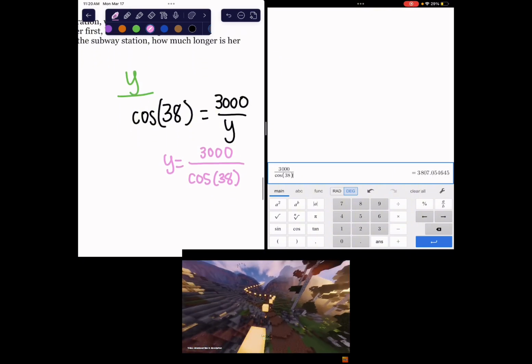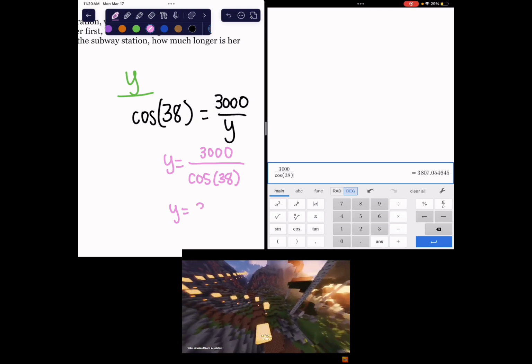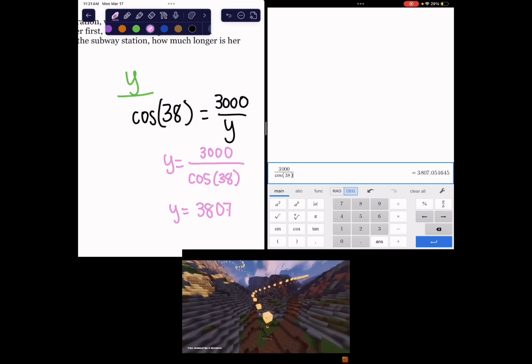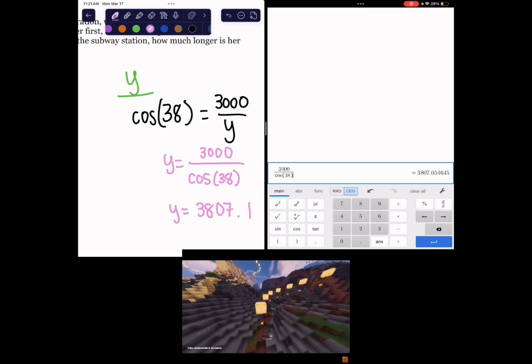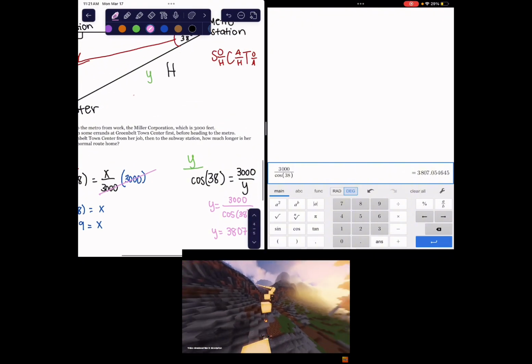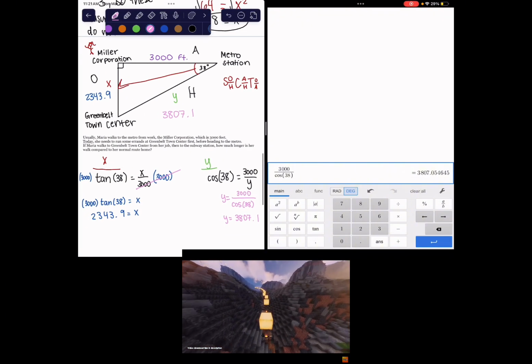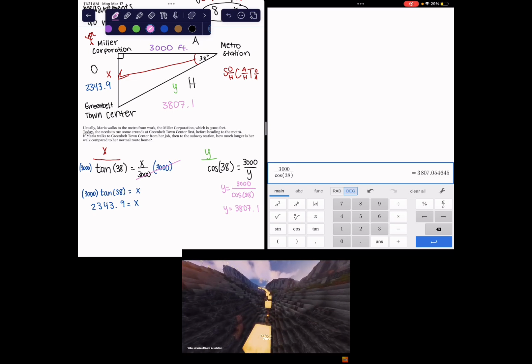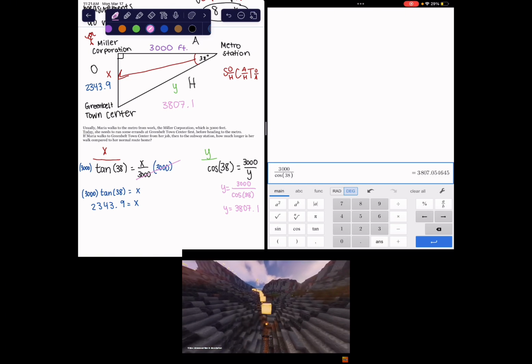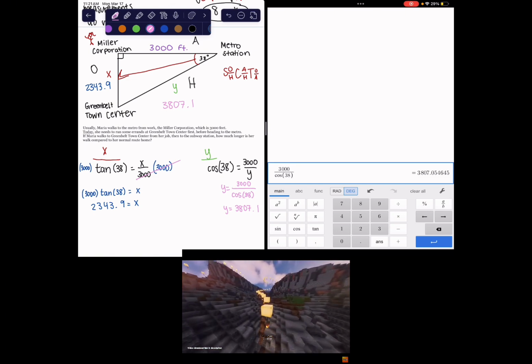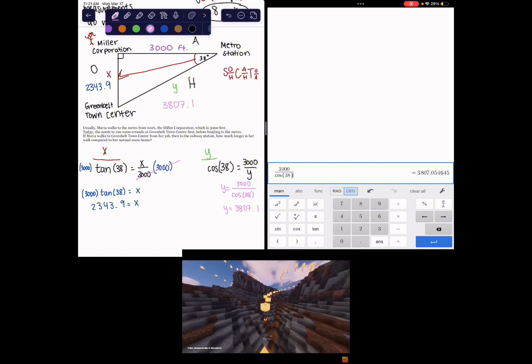Giving us Y equals 3807.1. Also remember that your calculator needs to be in degree mode. I always say it, but I just want to point that out.